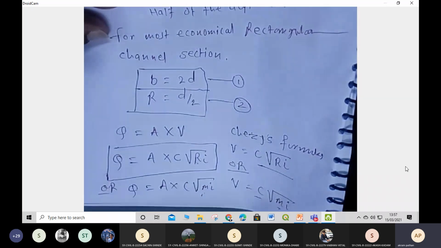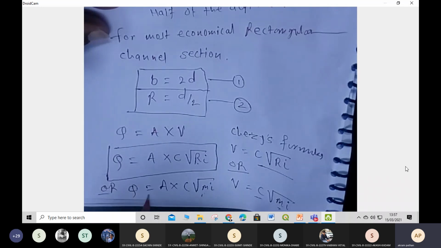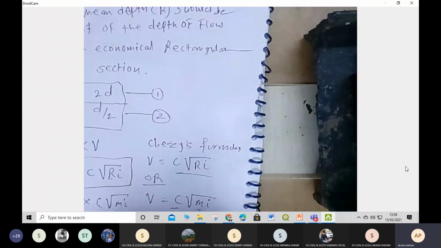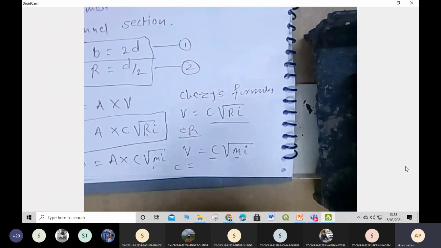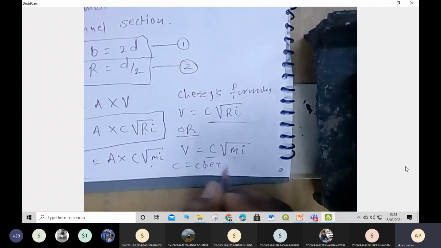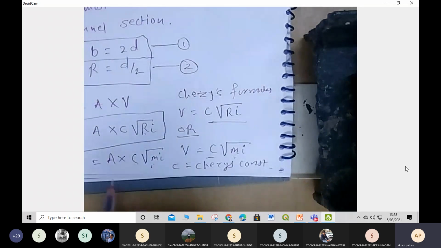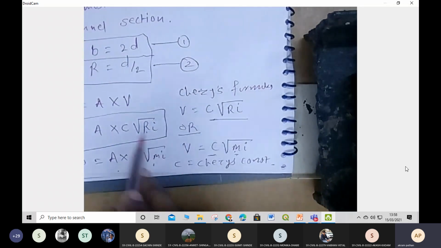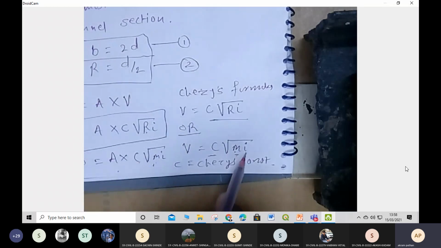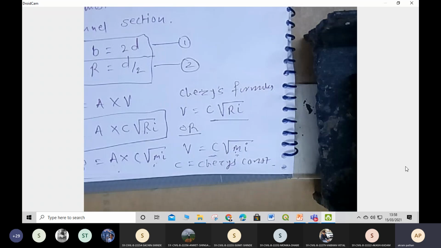This is the discharge formula for the rectangular channel section, A into C under root MI, where C is Chezy's constant, M or R is the hydraulic mean depth, and I is the bed slope of the channel section.